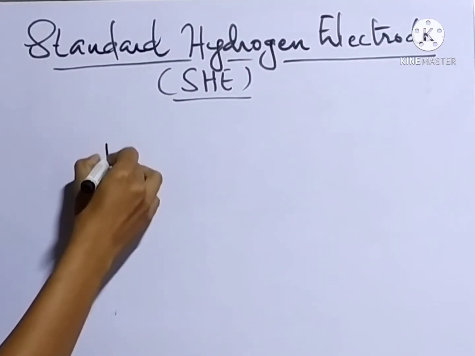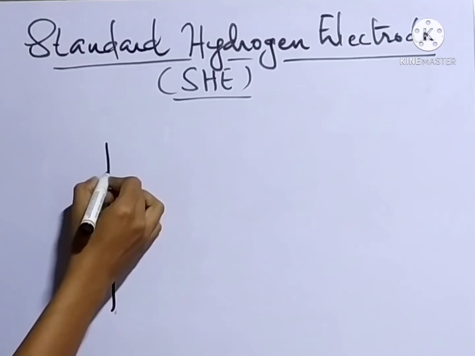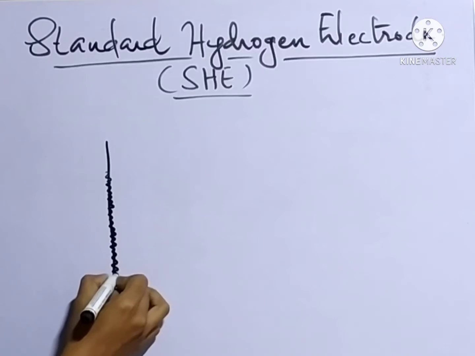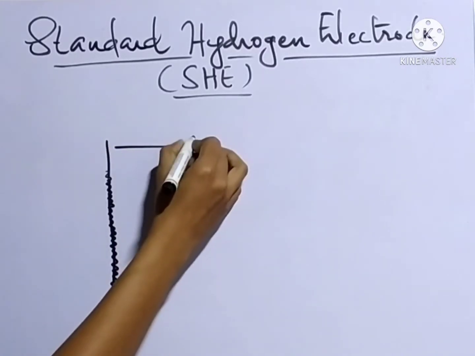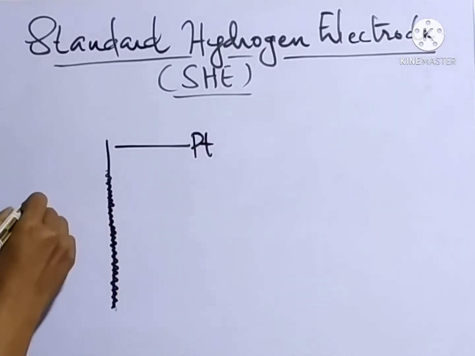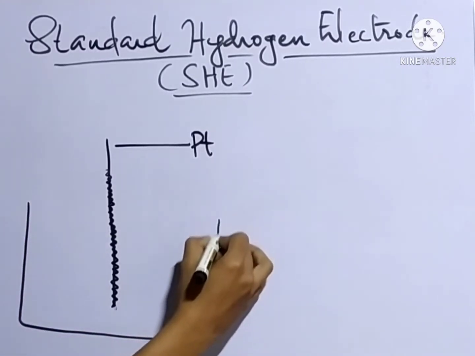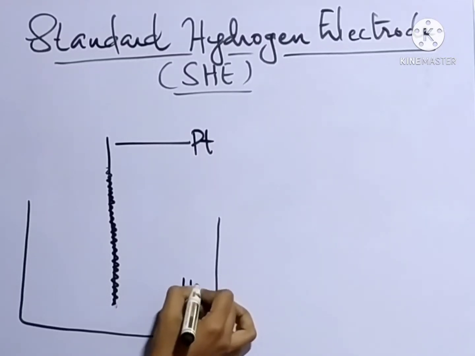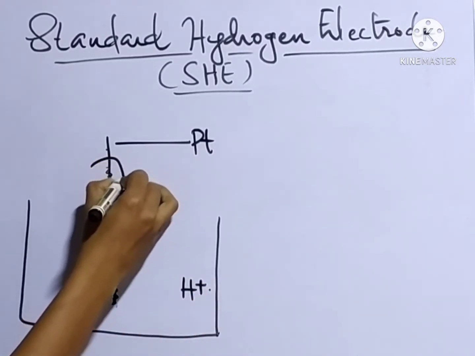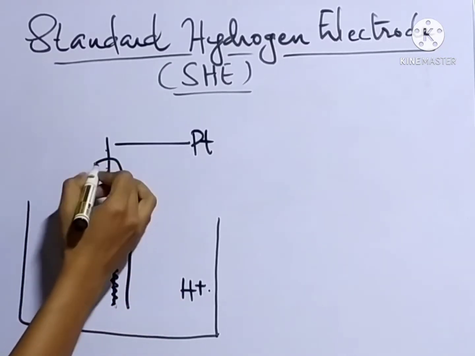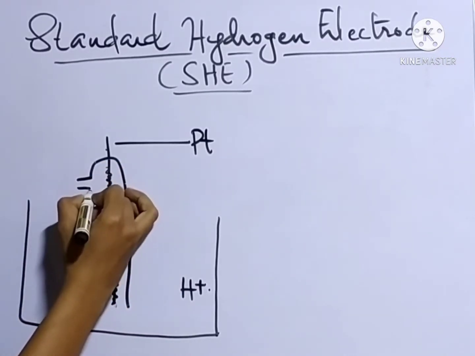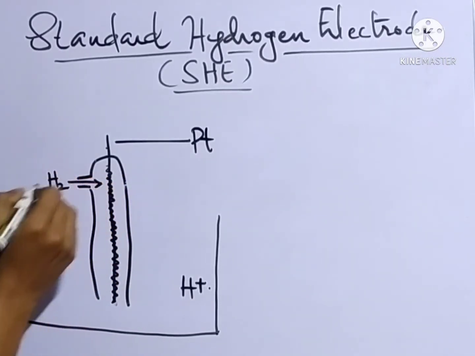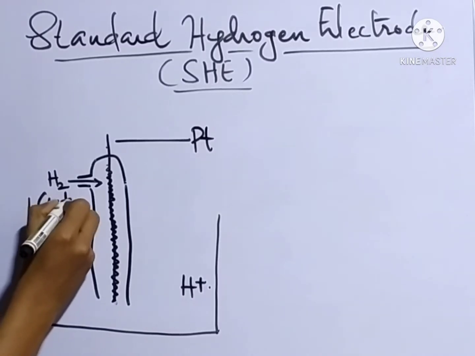The standard hydrogen electrode consists of a platinum rod coated with platinum black, which is immersed in an acidic solution, that is, in H plus ions, and pure hydrogen gas is bubbled through this at 1 atm pressure.